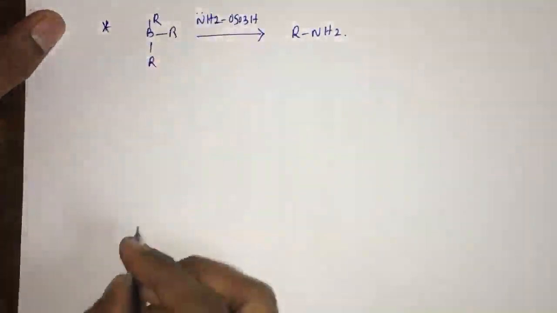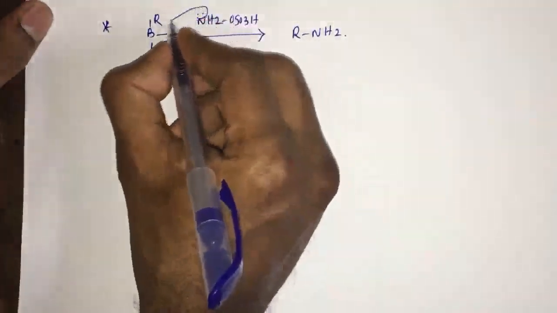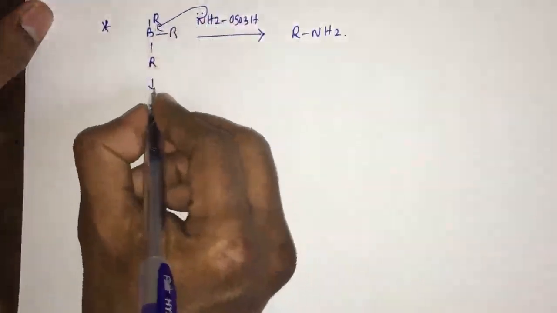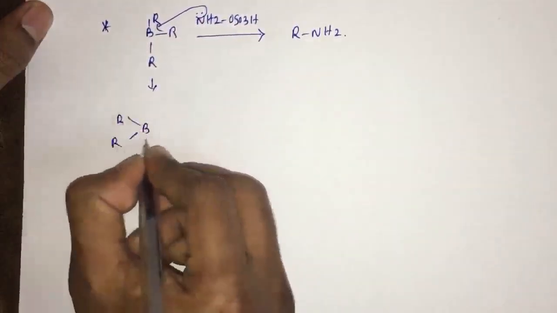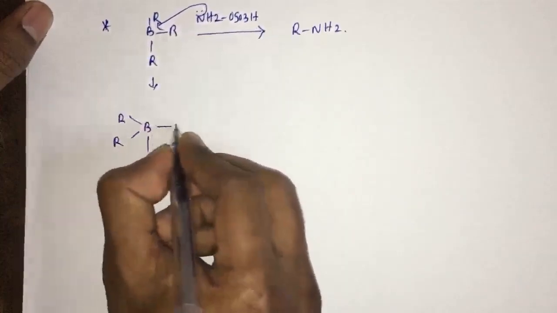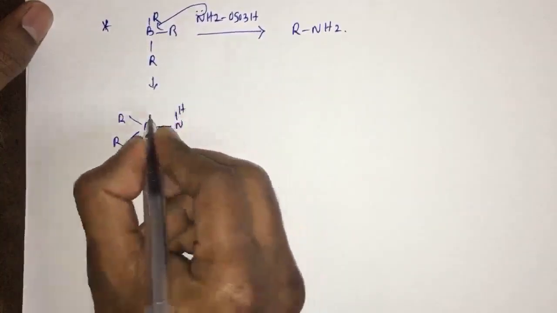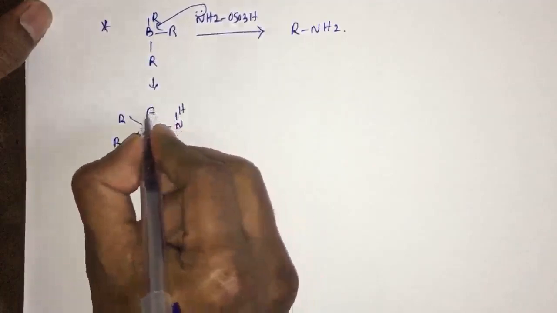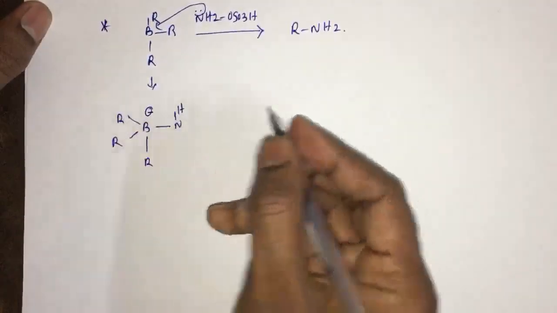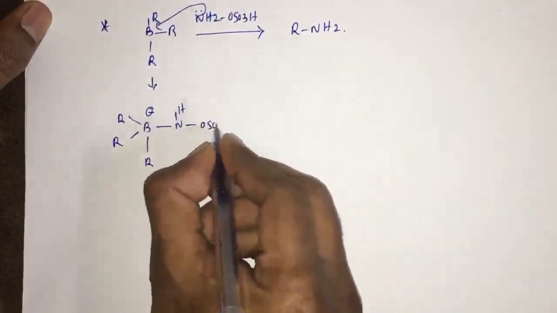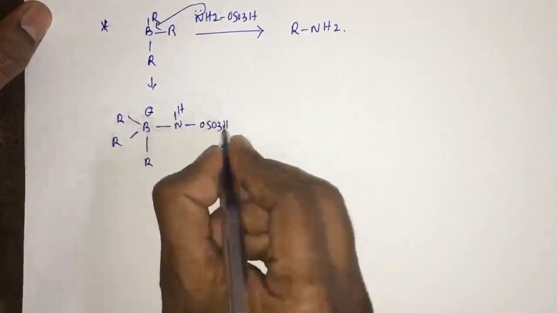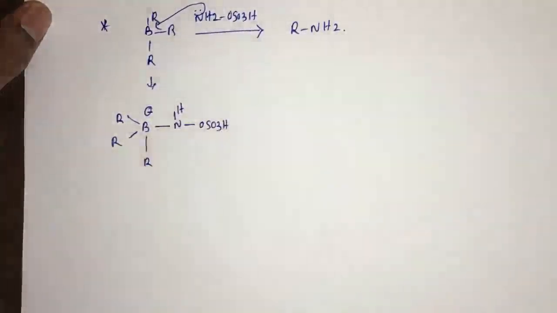The lone pair on the nitrogen goes and attacks the boron. So it will become like this, NH. Here a negative charge comes. I forgot to keep the negative charge on boron in the earlier mechanism. You just keep it in mind.